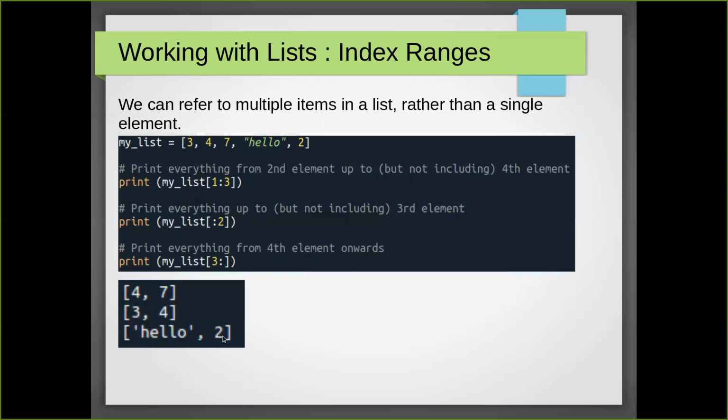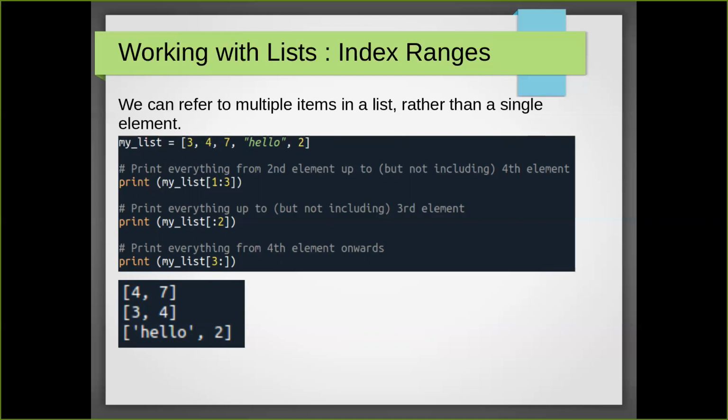We can also give our indices in terms of index ranges. So rather than just refer to one item, we can refer to multiple items. If our list is 3, 4, 7, hello, 2, we can say print my list 1:3. Now, here's another example of where within a range, you are not including the limit number.